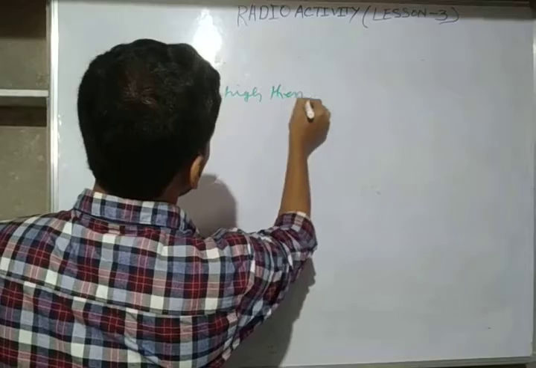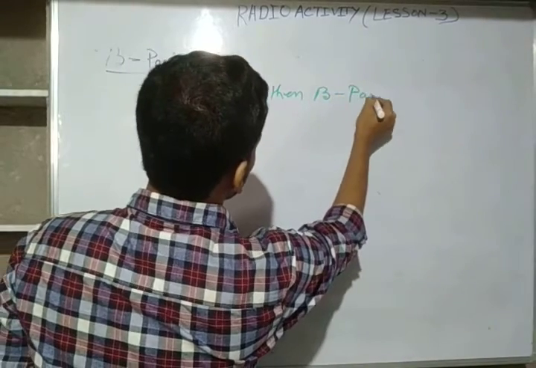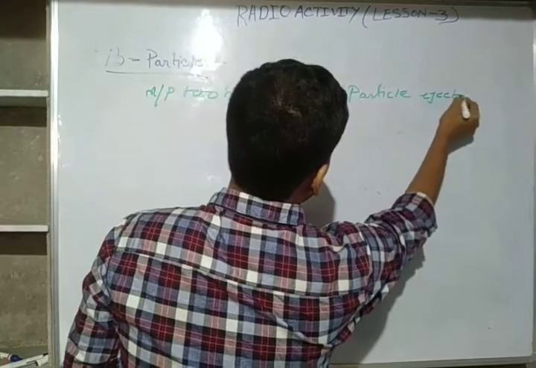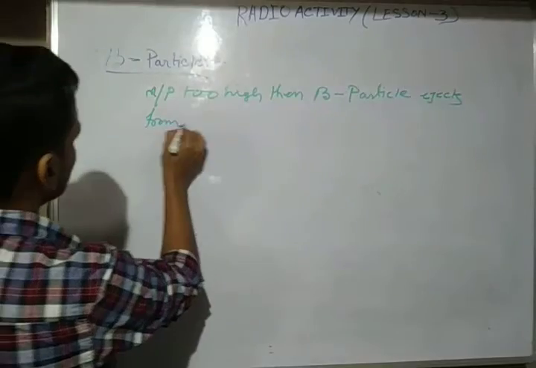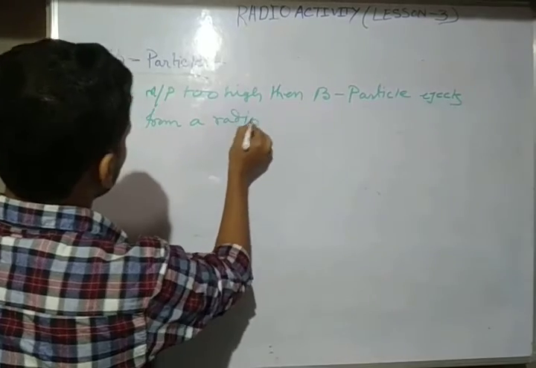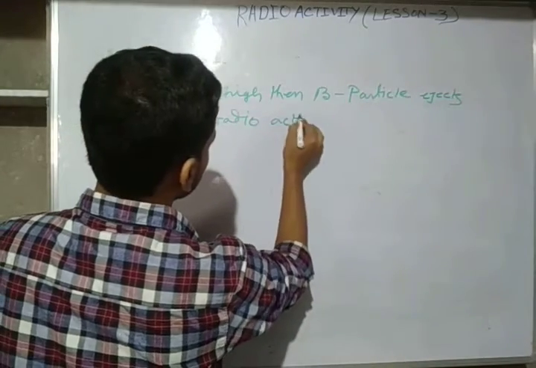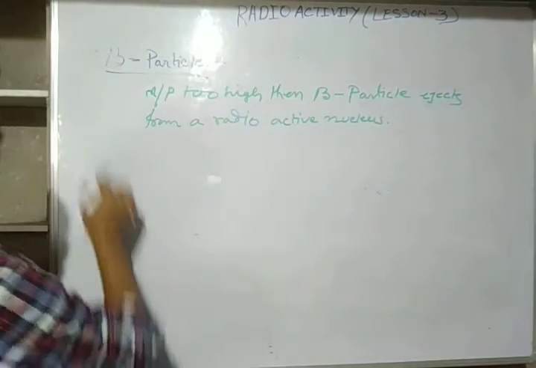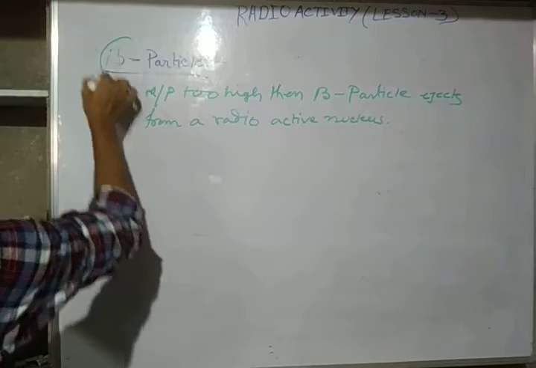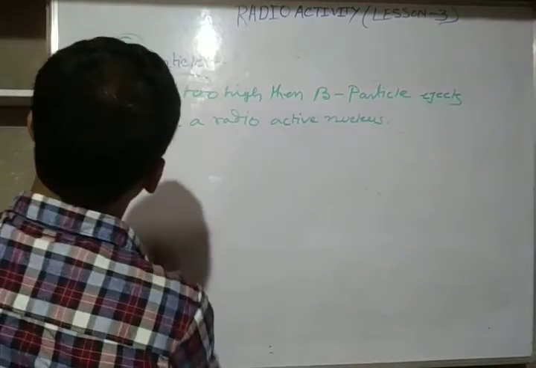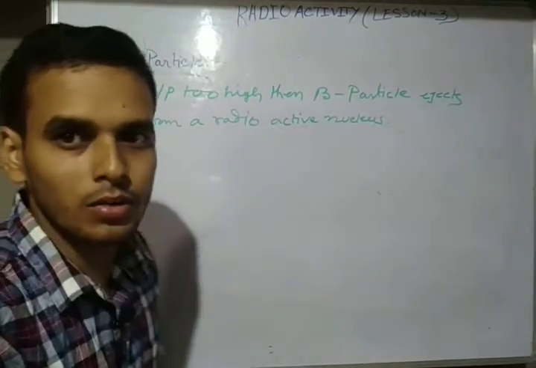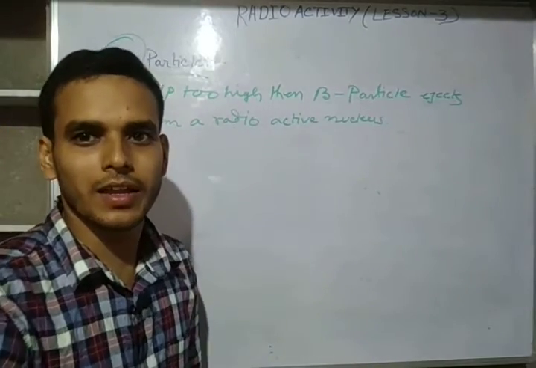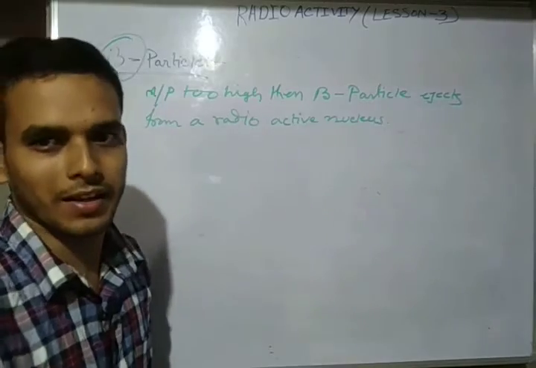Then a beta particle ejects from a radioactive nucleus. In the phenomenon of ejection of beta particle, a neutron is converted to a proton by emission of an electron or beta particle.